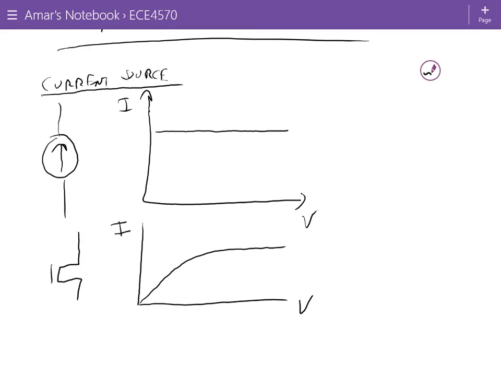A circuit designer would look at the IV characteristic of a MOSFET and say, hey, as long as you're in the saturation region, this thing's a flat horizontal line. Wow, a MOSFET can act as a current source. So in fact, MOSFETs are used as current sources in a lot of analog circuits.